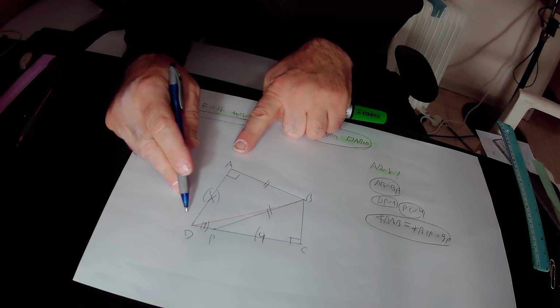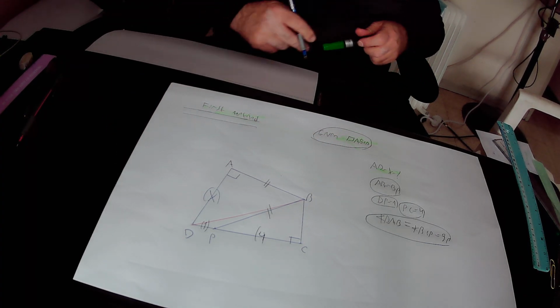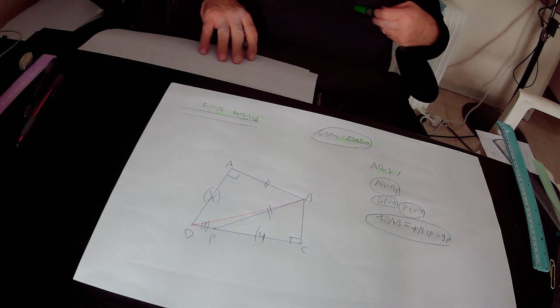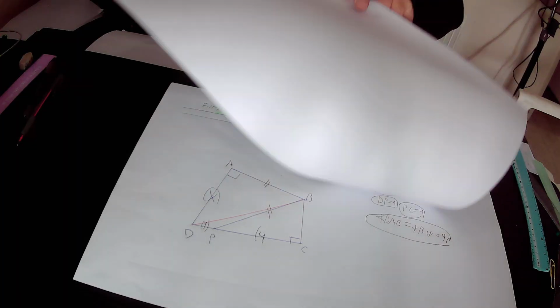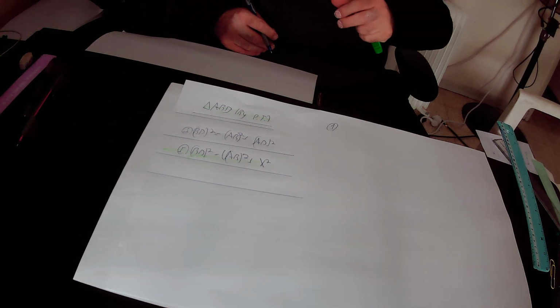AD is the last segment we are looking for. AD equals x, so AD square is x square. So according to equation 1, BD square equals AB square plus x square.